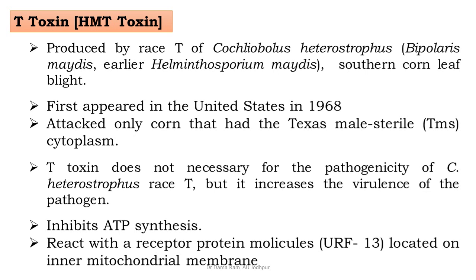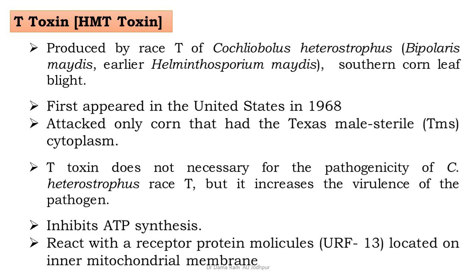The ability of Cochliobolus heterostrophus race T to produce T toxin and its virulence to corn with TMS cytoplasm are controlled by one and the same genes. T toxin does not seem to be necessary for the pathogenicity of race T, but it increases the virulence of the pathogen.